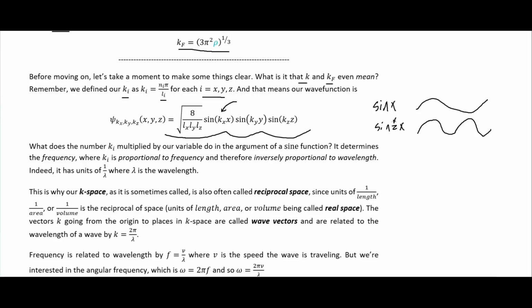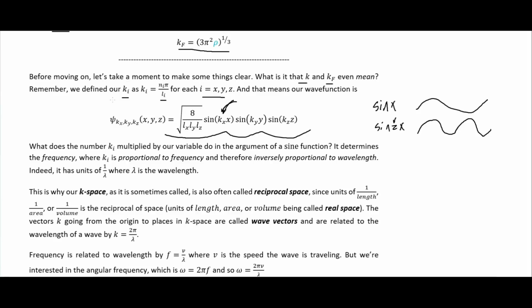So this other number, which is what the k is taking the part of here, is sort of adjusting the frequency of it. And so when we have different ks, we have different frequencies.